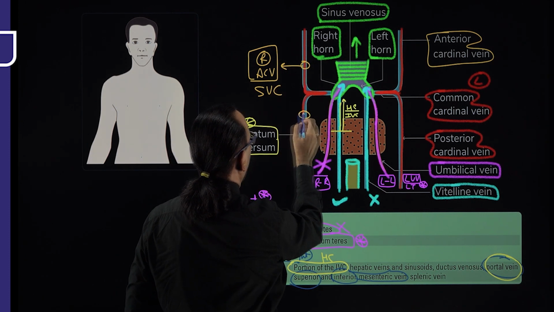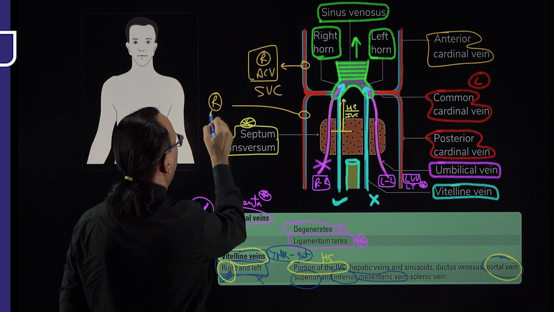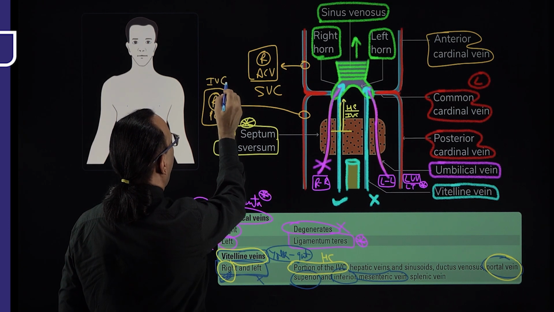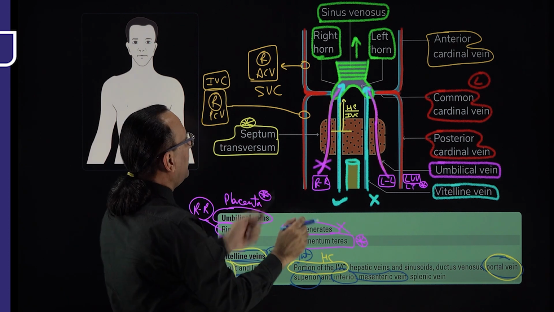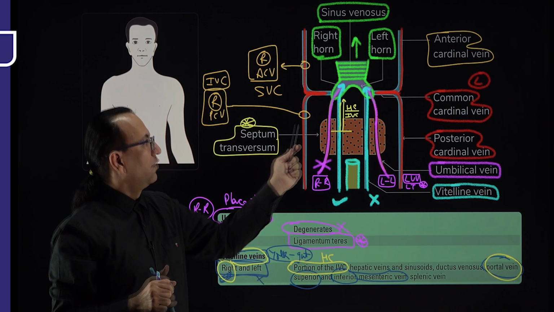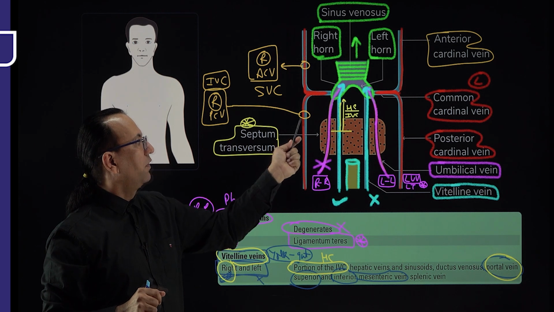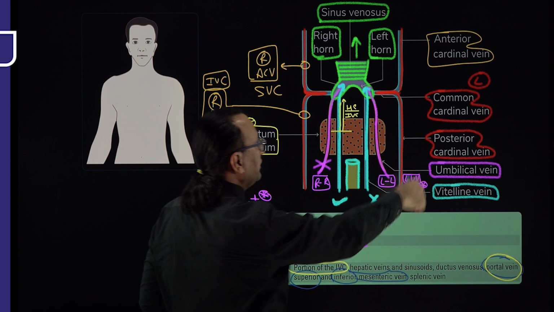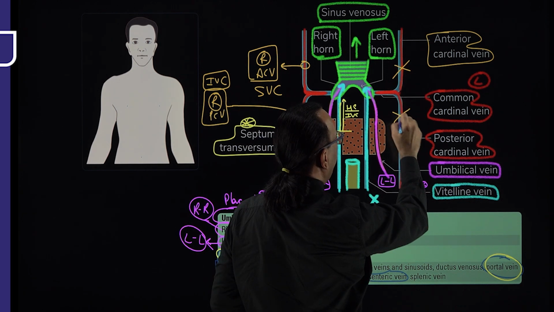Whereas this is the right-sided posterior cardinal vein and this is going to contribute to inferior vena cava to drain the body below diaphragm. But then the cardinal veins are contributing to SVC, IVC only on the right side of the body to drain the body wall. What happens to the left-sided cardinal vein is that they regress.